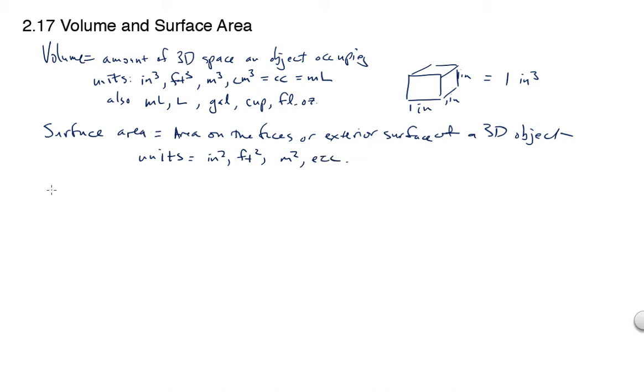So we're going to look at a few formulas here and kind of talk about how we get them. So let's start with a closed box, basically a box that has length, width, and height.